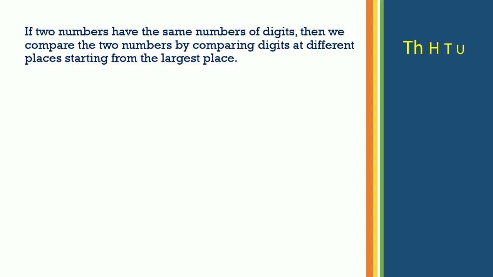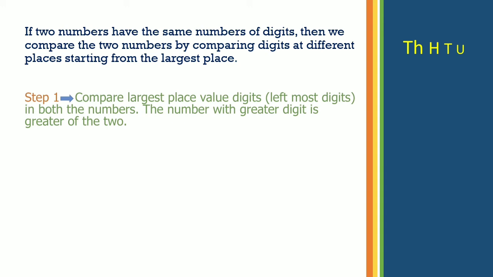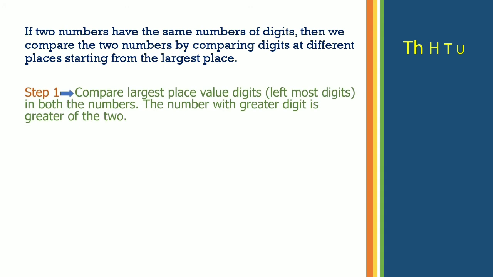So we start from the largest place, that is the thousands place. Step 1. Compare the largest place value digit, the leftmost digit in both numbers. The number with the greater digit is the greater of the two.